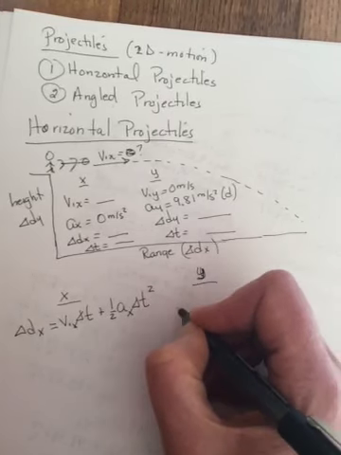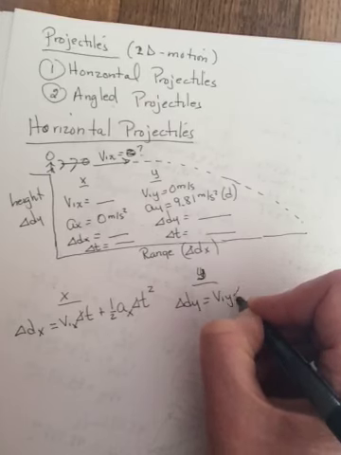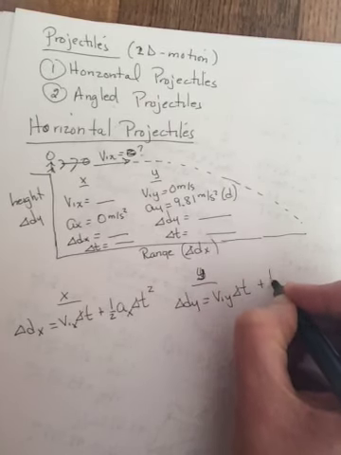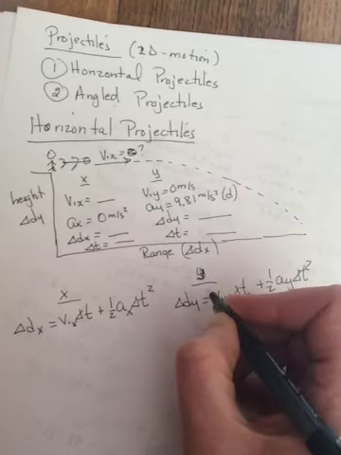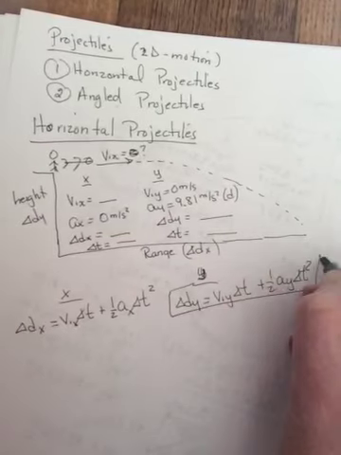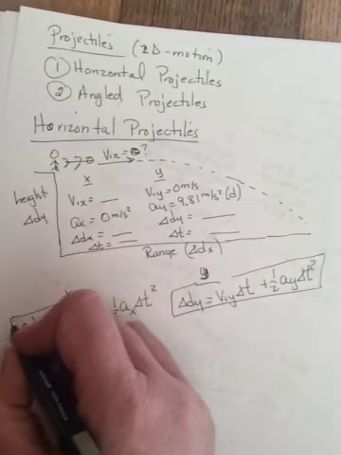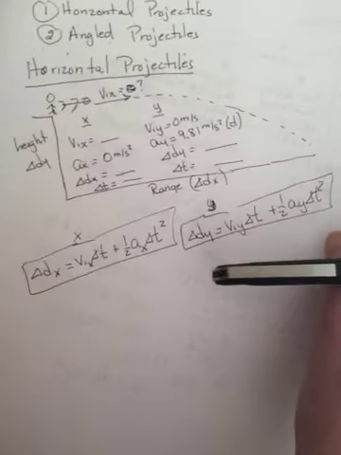And in the y direction, it'll be delta dy is equal to Viy delta t plus 1/2 Ay delta t squared. And for horizontal projectiles, the Viy will go to 0. But again, write it down, because when we get to angled projectiles, not the same things will be 0. So we have those two equations we can use.